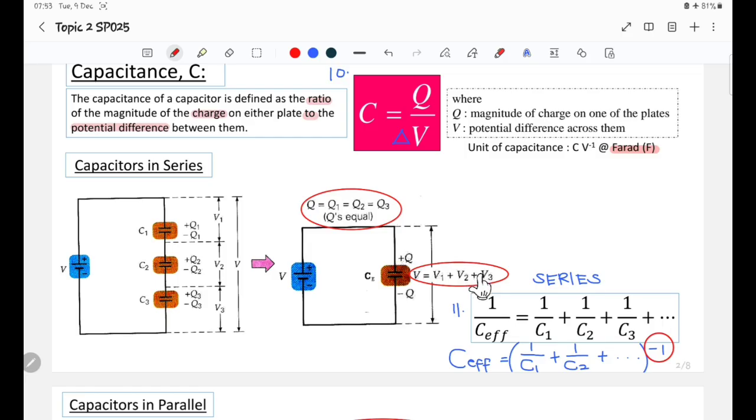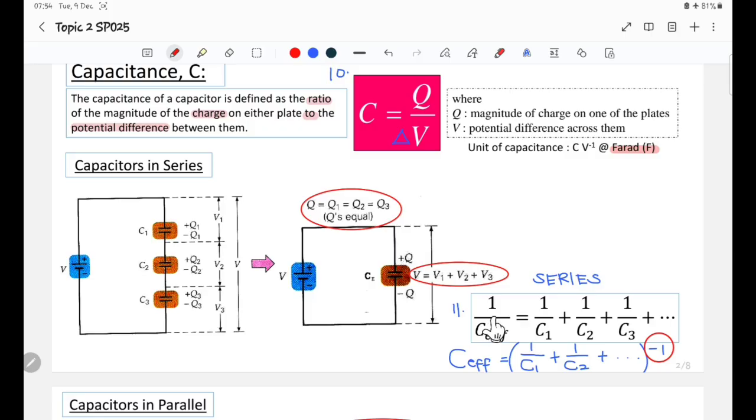Therefore, when we have more than one capacitor arranged in series, we can find the total capacitance in the circuit from equation 11. We call it the effective capacitance, C eff, or we can also use the word equivalent.